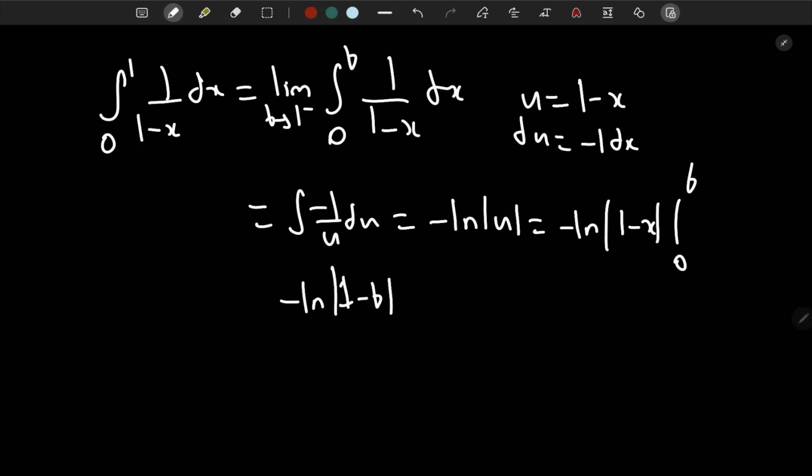So now it's more obvious. Plus, this is going to be plus because there's two minuses here. ln 1 minus 0. And we know that ln 1 is 0, so we can erase this entire thing. And now all that we're left with is minus ln 1 minus b, and b approaches, not 0, b approaches 1 minus.